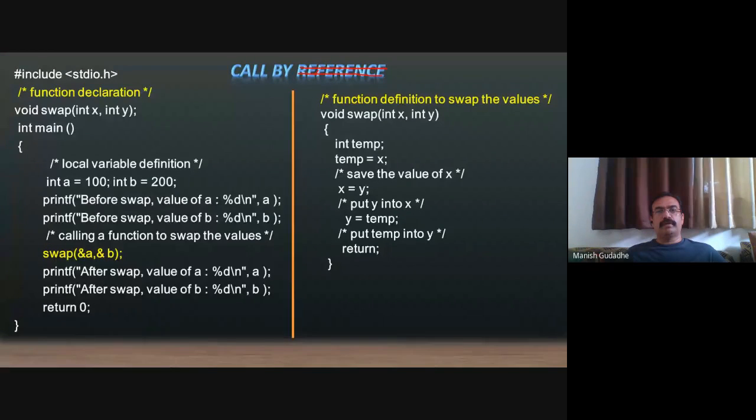The next example is call by reference. This is call by value. So what's happening here? We are trying to swap two values using a function. We are going to swap the values of two variables with the function swap.